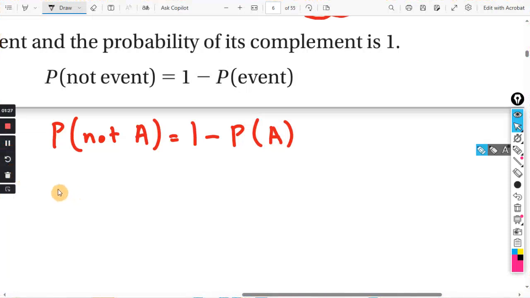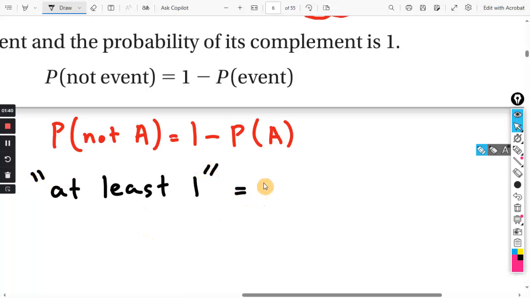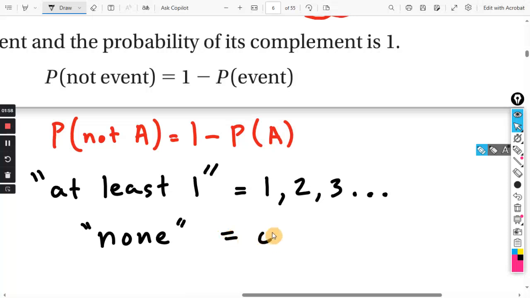Now, in this exercise, if you say at least 1, what does that mean? Well, that could be 1, that could be 2, that could be 3, basically 1 or anything more than 1. And the opposite of that is just none. And of course, none is just 0.